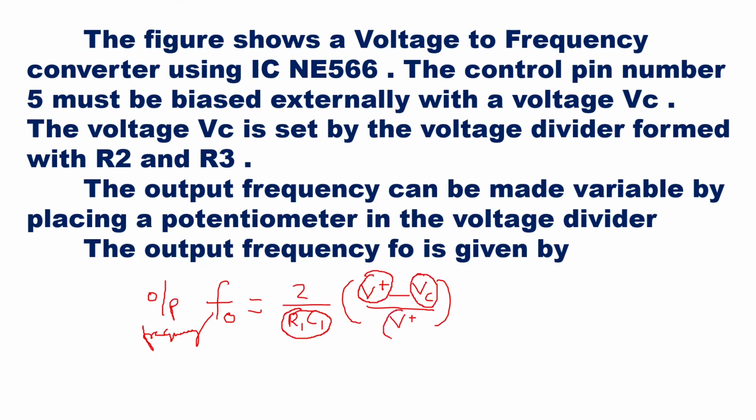V plus is again the same supply voltage. So F naught is equal to 2 upon R1 C1 into (V plus minus Vc) upon V plus. If you use this formula with the values of R1 and C1, supply voltage V plus and control voltage Vc, you will get the output frequency of the waves coming out of the voltage controlled oscillator.